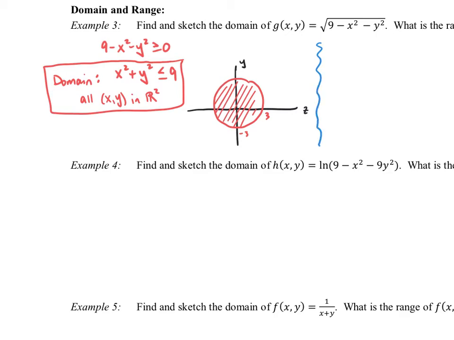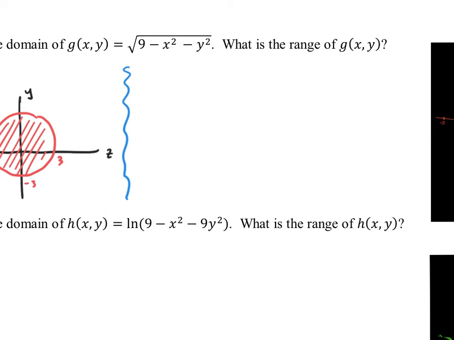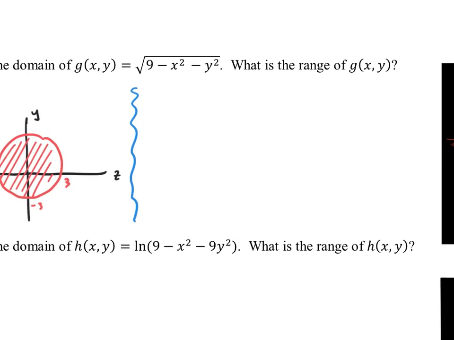Okay, let's go ahead and analyze the range of this. Now, we know algebraically here, and by the way, anytime we have the function written like this, we could think of it as z equals rather than g of xy. And if that's helpful, then go ahead and even make that substitution.